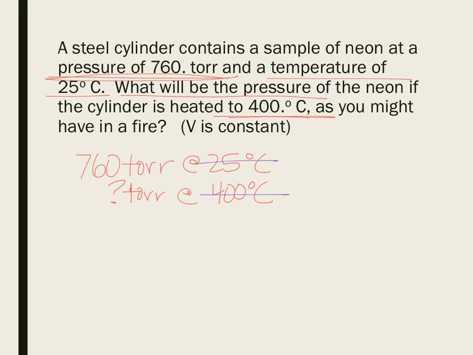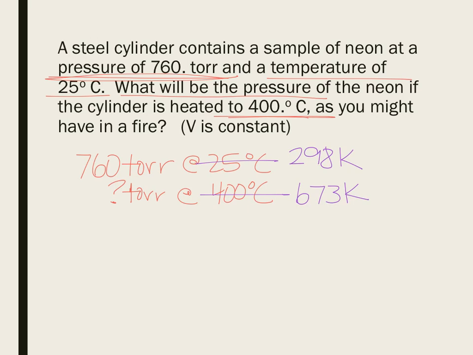First thing we're going to do, always and forever, is change the Celsius to Kelvin. We cannot use Celsius in a math problem no matter what. So 25 plus 273 is 298 K, and 400 plus 273 is 673 K. So that's my first step.